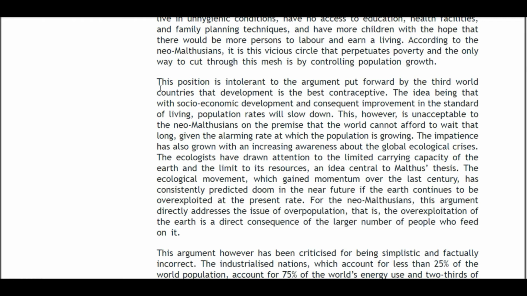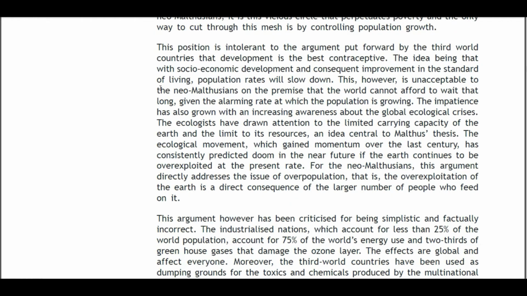The impatience has also grown with the increasing awareness about the global ecological crisis. The ecologists have drawn attention to the limited carrying capacity of the earth and the limit to its resources, an idea central to Malthus' thesis. The ecological movement, which gained momentum over the last century, has consistently predicted doom in the near future if the earth continues to be overexploited at the present rate.